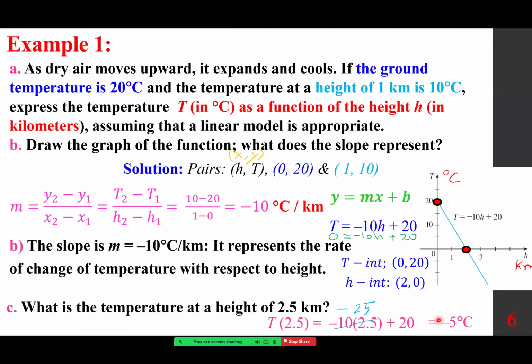Use the proper units. Minus 5 degrees centigrade, which means at the height of 2.5 kilometers, the temperature is negative 5 degrees centigrade. Celsius, my apologies. Minus 5 degrees Celsius.